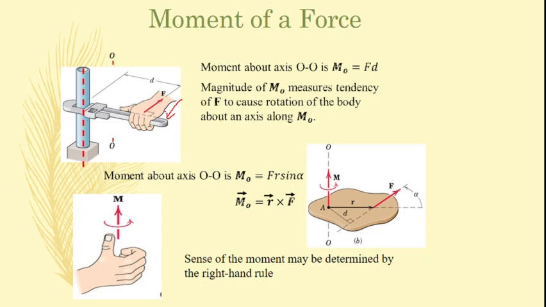If we give the anti-clockwise moment here, then this pipe will come outward, and if we give the clockwise moment, then this pipe will go downward. And this is written here: the sense of the moment may be determined by the right hand rule.